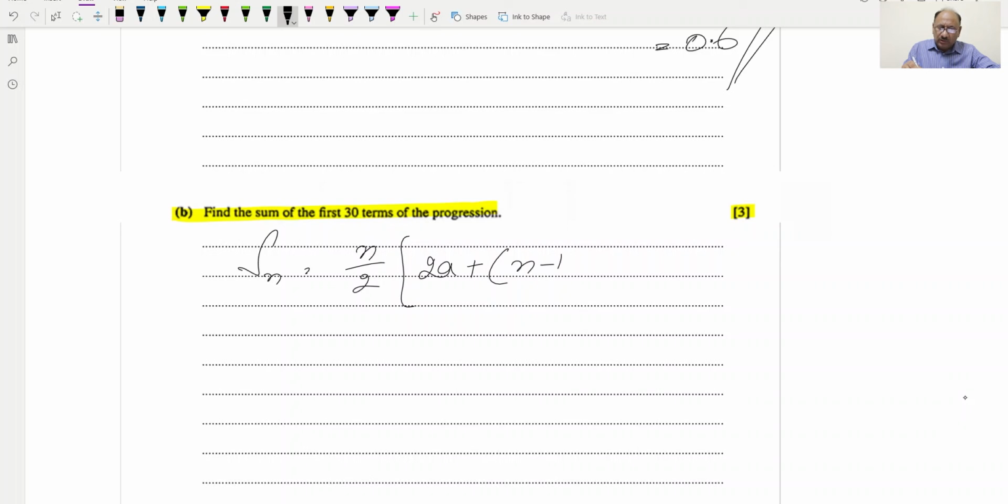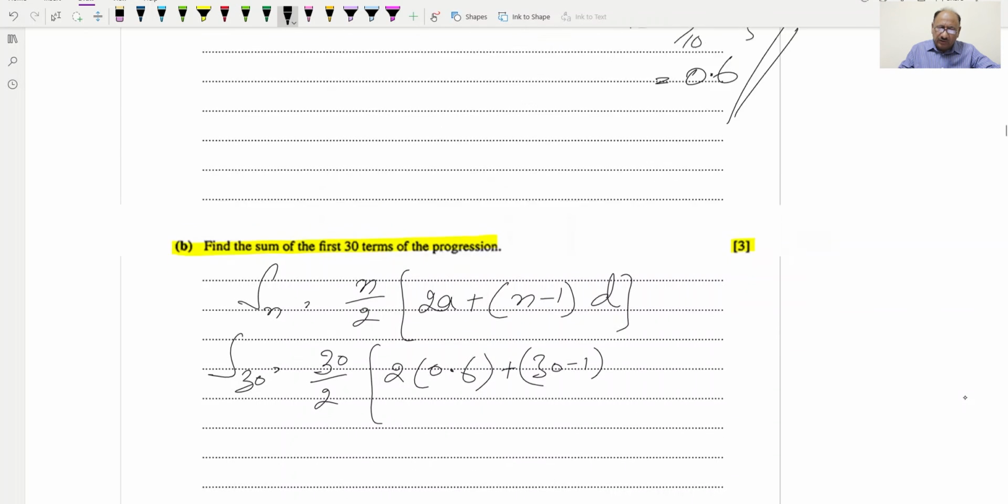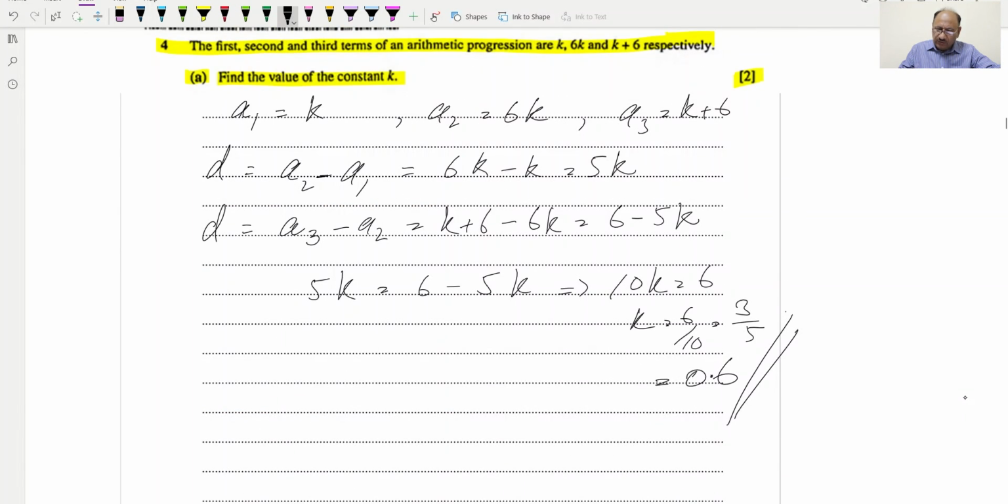Here n is 30, we require 30, so S30 will be equal to 30 by 2, and this will be 2 times the a value we just found, which is 0.6, plus 30 minus 1 into the d value, and what is the d value?